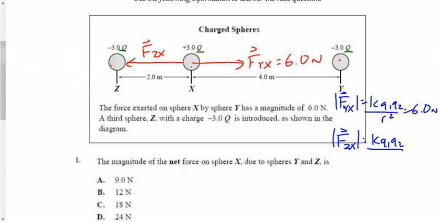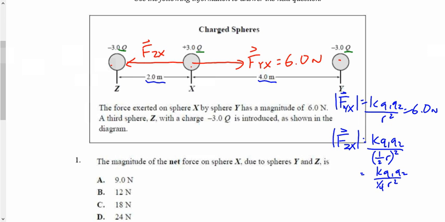But the distance was 4 meters between x and y. The distance is only 2 meters between x and z. My distance was r. Now my distance is 1/2 r. Remember, I got to square everything inside the bracket there. That becomes k q1 q2 over 1/4 r squared.